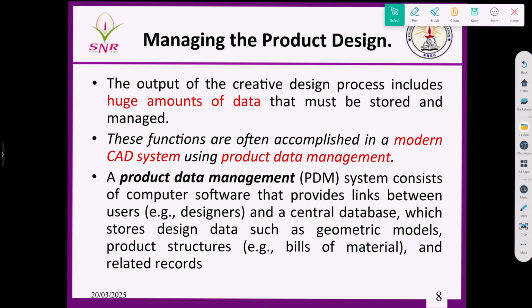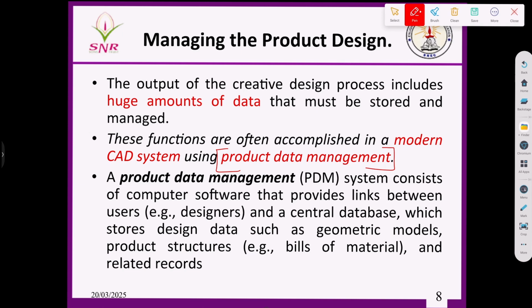So once the product design is completed, now we have a huge amount of data that must be stored and properly managed for utilization in the future. So it can be accomplished with the help of modern CAD systems through this concept called product data management. So what is product data management?